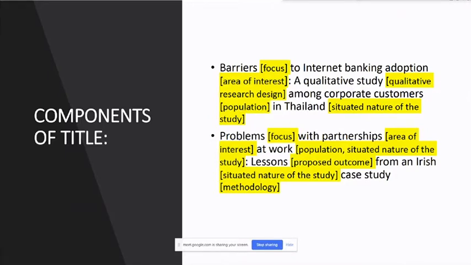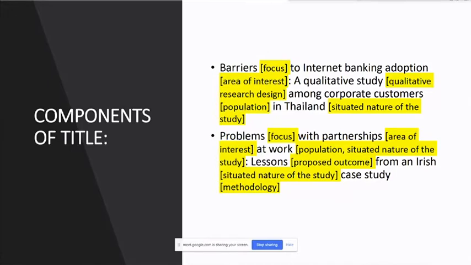You're looking at barriers, and then internet banking adoption is the area of interest. There are so many barriers to banking adoption. What you're looking at is internet banking adoption, so that makes it the area of interest in your study. Then you have a qualitative study among corporate customers in Thailand. The words qualitative study are very clearly stated, so that becomes the research design of your paper.